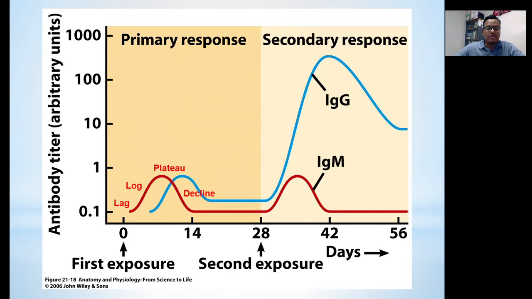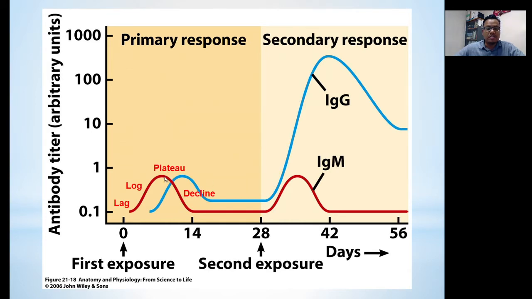And then we can observe a decline in the volume of antibody, because this is the part where we can say that our immune system has already won the battle. They defeated the invader.